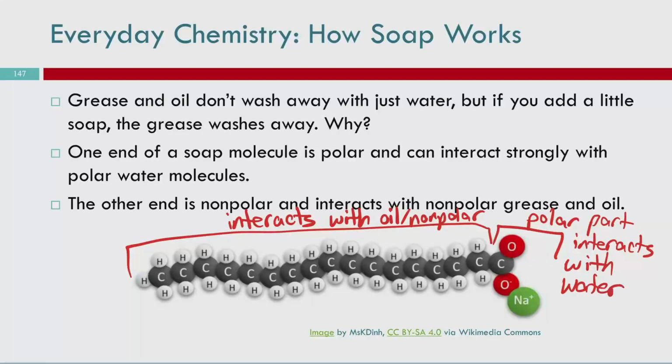So it's sort of a magnet on a long piece of spaghetti, and the magnet interacts with the water, and so the water molecules link up with that magnet head, and then the long noodle spaghetti arm interacts with the oil. So it allows the water to indirectly, through the soap, interact with the oil and then pull it off and wash it away. So that's pretty cool. And that's just generally how soaps work.